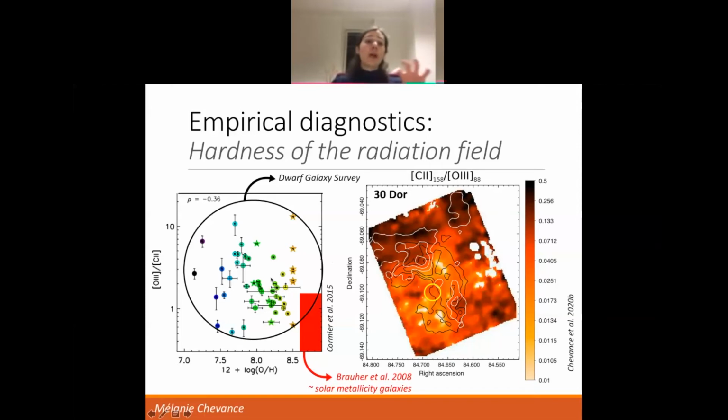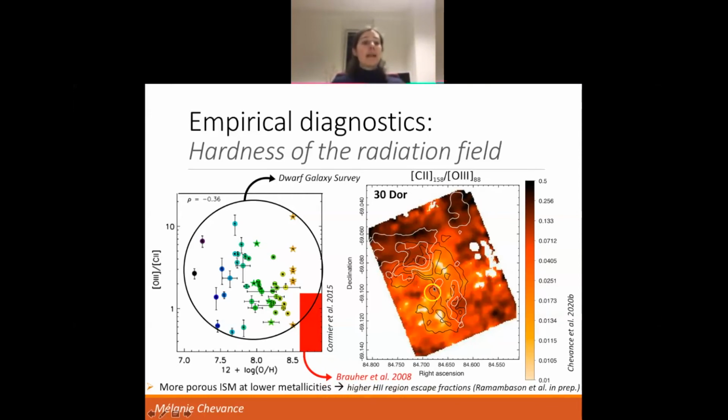And this is true in an integrated way, so each point here is a galaxy. This is also true if you zoom in on a single region here, where you see that this ratio, sorry, it's C2 over O3, the other way around, is low hundreds of parsecs away from the ionization sources, which is this cluster here delimited by this yellow circle.